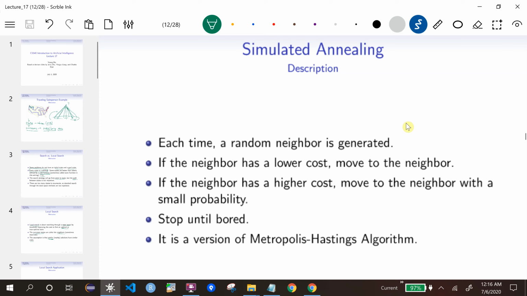Lecture 17, part 2. In the previous part, we talked about hill climbing, which is a very simple way to find the local minimum in a large search space. We talked about some variations that include some kind of randomness, but those are mainly for reducing the number of neighboring states that we need to evaluate.